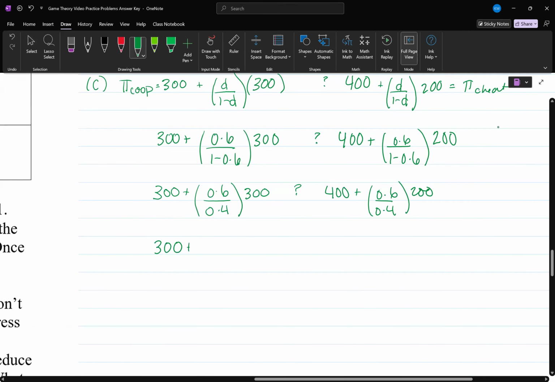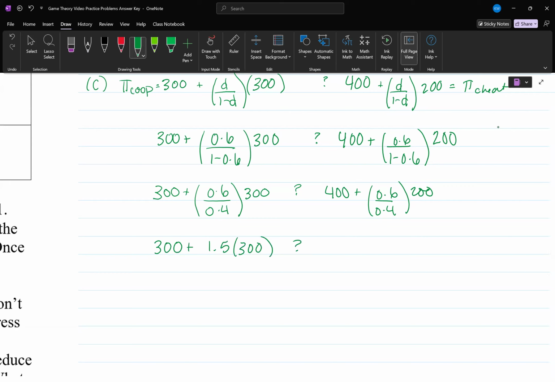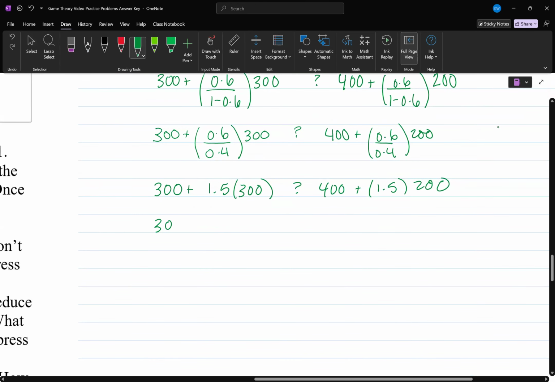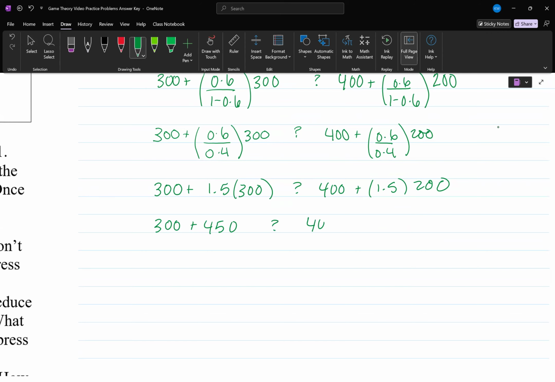So we'll have 300 plus 1.5 times 300 compared to 400 plus 1.5 times 200. 1.5 times 300 is 450, so 300 plus 450, compared to 400 plus 300.